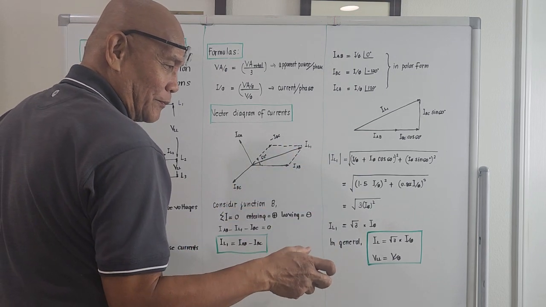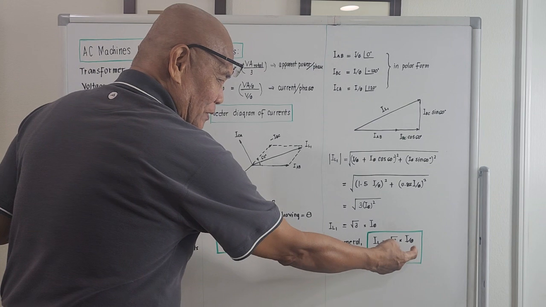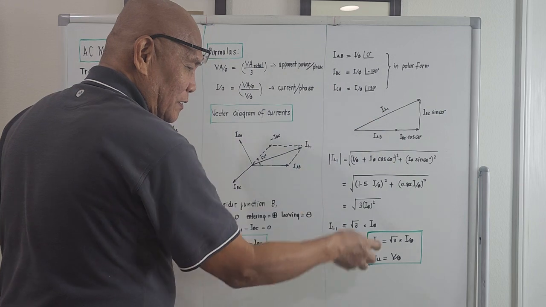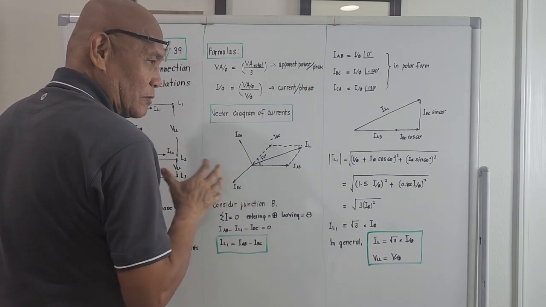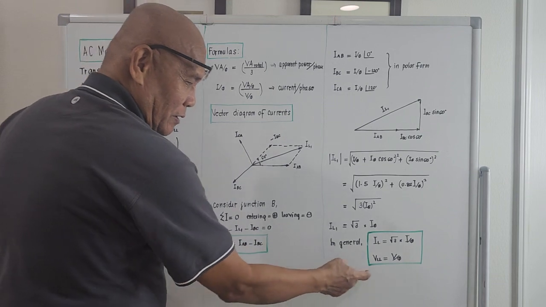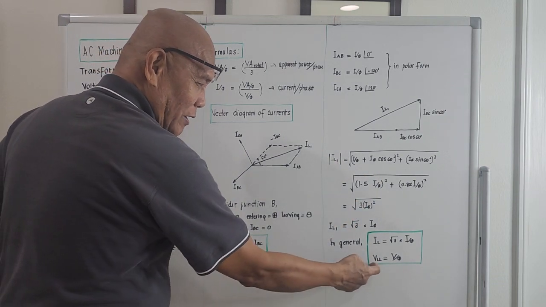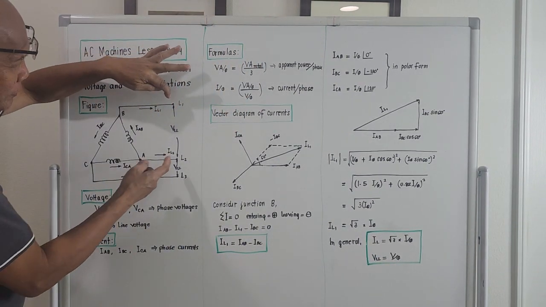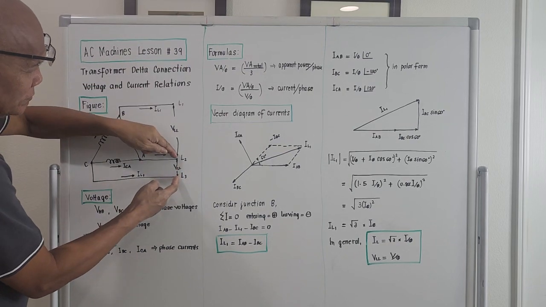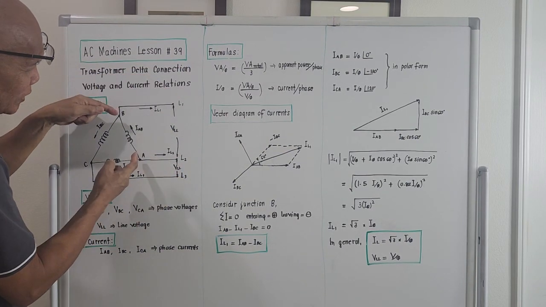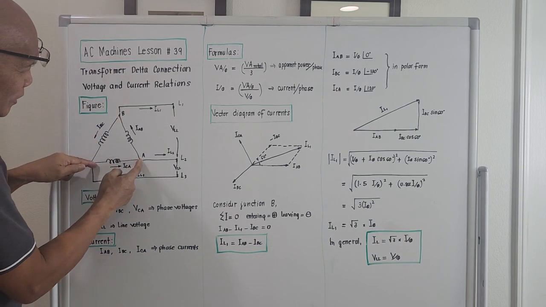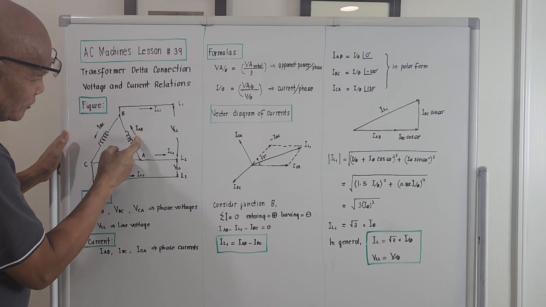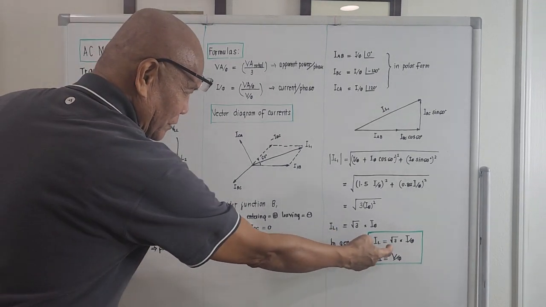For a delta connection, the line current is greater than the phase current by a factor of square root of 3. The proof will be discussed next. The other relationship is that the line-to-line voltage, the voltage across any two lines, is equal to the phase voltage.